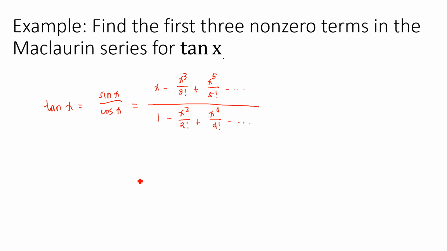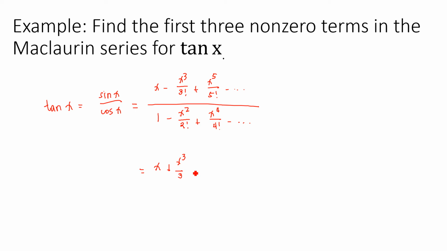Okay, so in that case, you have x divided by 1, that is x. Plus negative x cubed over 2, and then you have x to the fifth over 24. Okay, x cubed over 3.